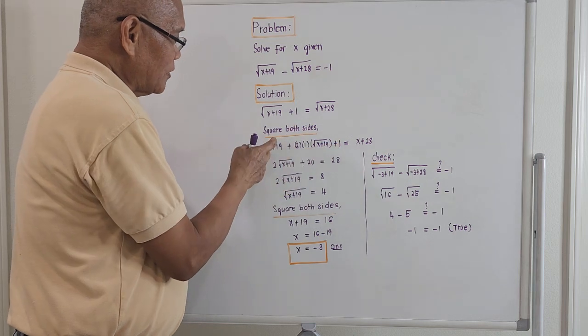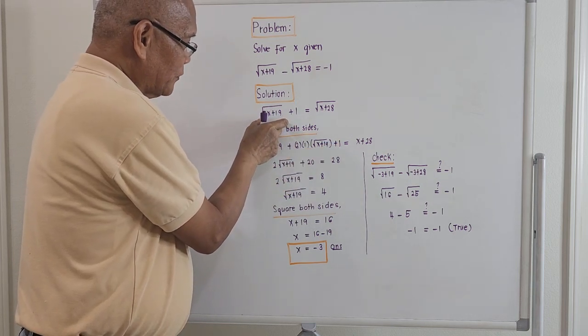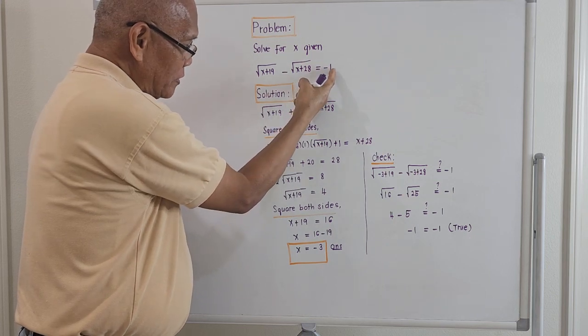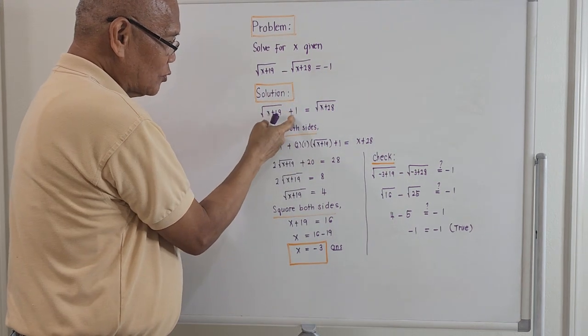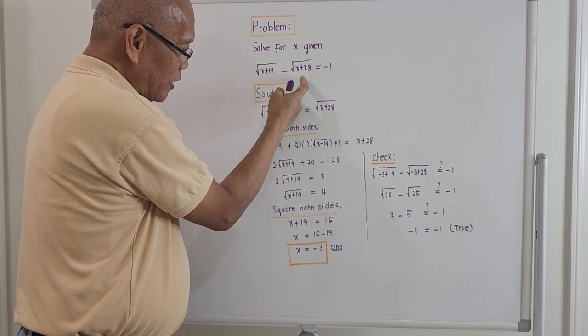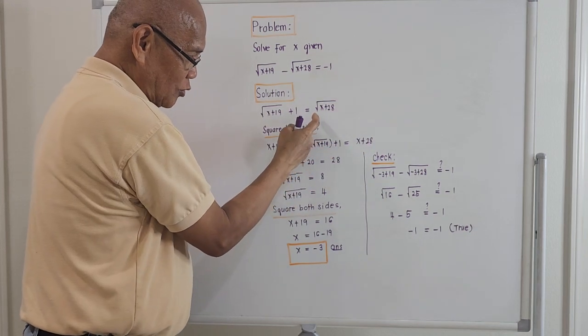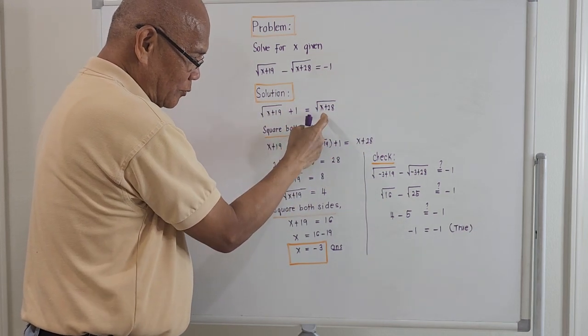I will write the given problem, the square root of x plus 19. This negative 1 here, I will place it on the left, so this will now be plus 1. This square root of x plus 28, preceded by a negative sign, I will put it on the right. This will now be positive, the square root of x plus 28.